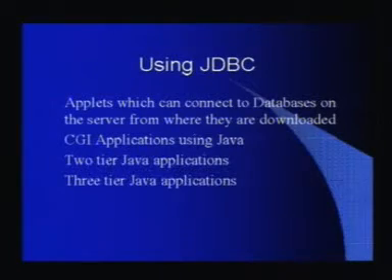Even in this you can use JDBC to connect to the server. Then you have 3-tier Java applications. Here also you have a client, you have an operating system server, you have a database server. There also you can use JDBC. So, JDBC can be used in 4 different types depending on your application to get data from the database backend.